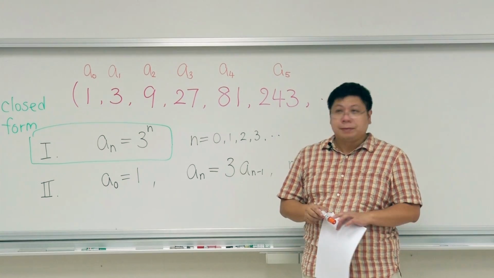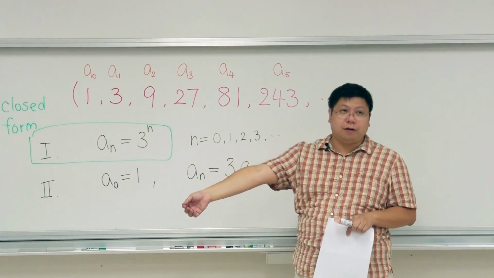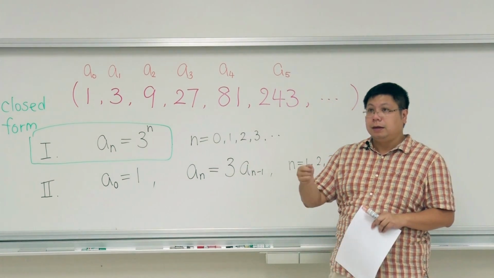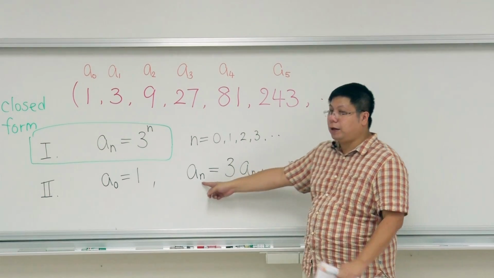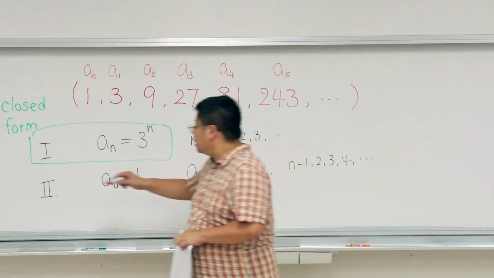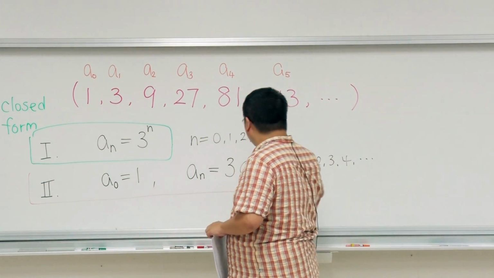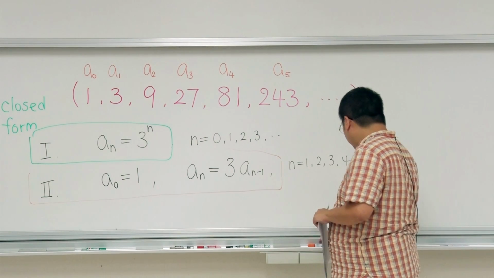Is that okay? This one is not a closed form, because if I just give you the value of n, you cannot compute the value of A_n exactly using a single formula. But on the other hand, you can still solve it. This second method, we call a recurrence relation.